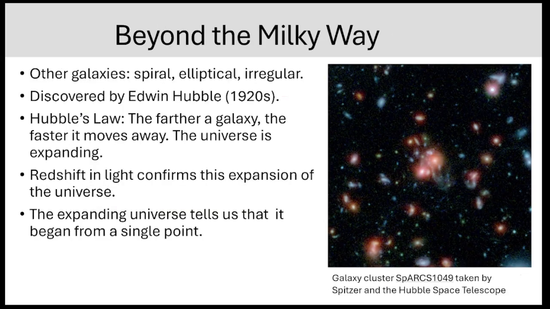And if we look beyond the Milky Way, there are billions of other galaxies. Those galaxies are spiral, elliptical, as well as irregular in shape.